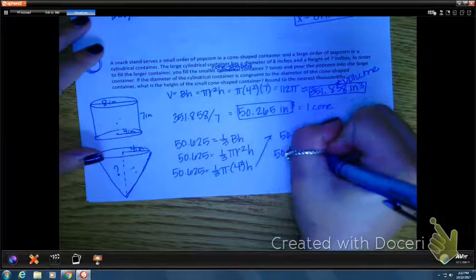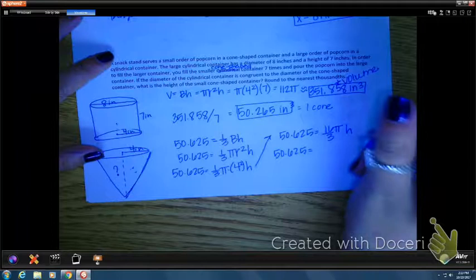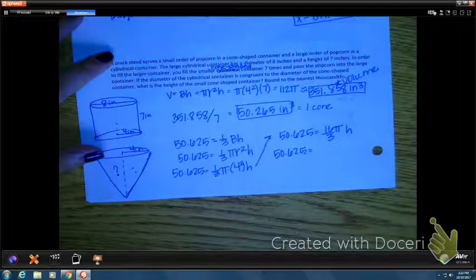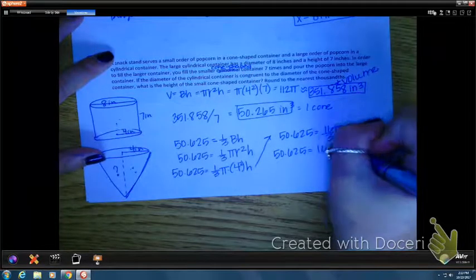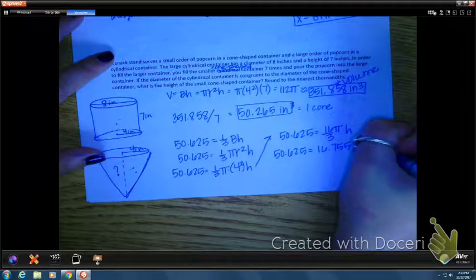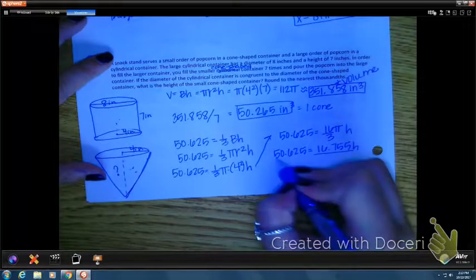If I round to the nearest thousandth, pi times 16 divided by 3 gives me 16.755 h. Divide.